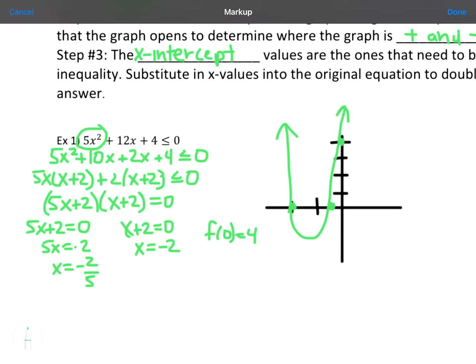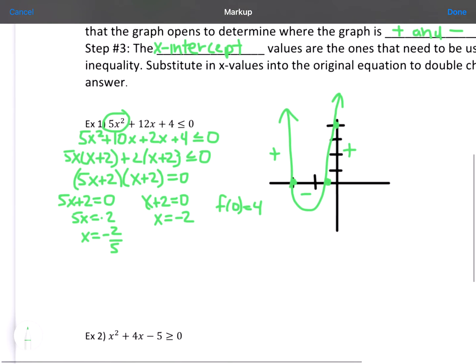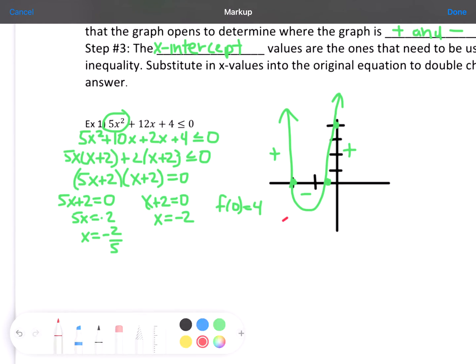It might not be perfect, but I know over here it's positive, in here it's negative, and out here it's positive. And so I'm asked the question, when is the graph less than or equal to 0? So when I look at that, I would say, obviously, in this part here. So my final answer, it's all this part in here.